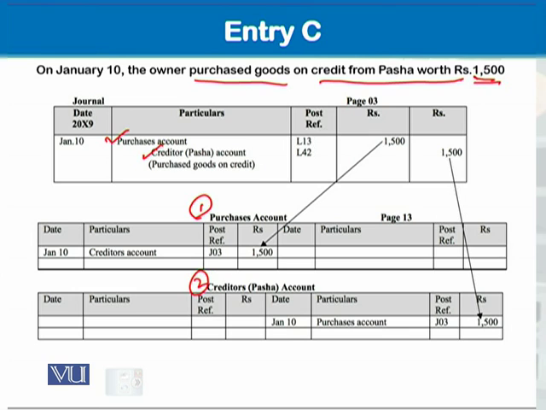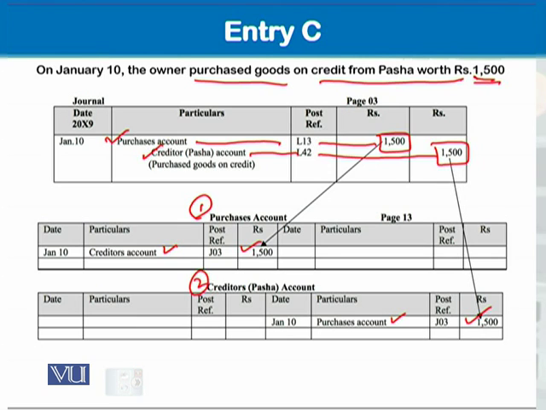Okay. Purchases is being debited with 1,500. So this 1,500 will be placed over here in the debit side and the reason is the creditor account. And the creditor account is being credited with 1,500. So this 1,500 will be placed over here and the reason is purchases.